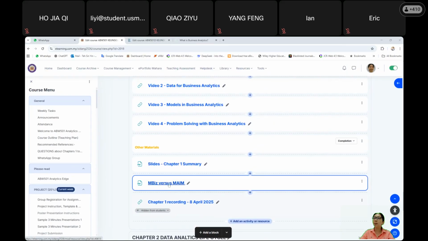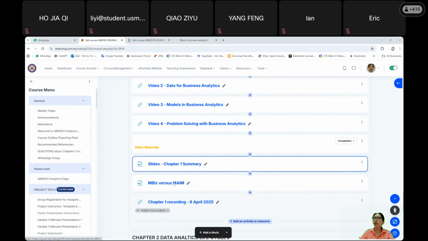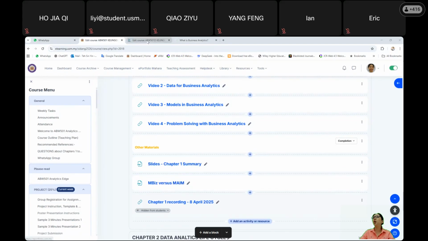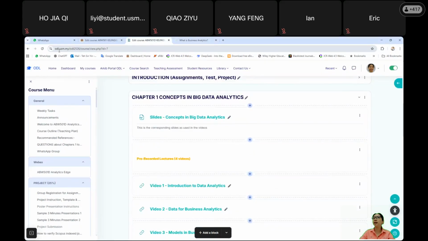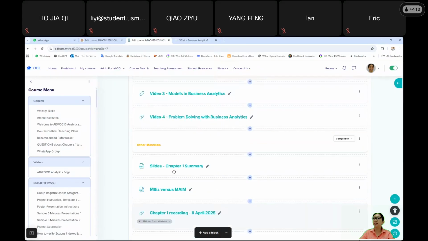The table compares the Master of Business Analytics and the Master in AI-driven management. We will discuss about this later. So these two files you can download and use. Same for ODL student, go to odl.usm.my. Under the chapter 1 there, go down, other material, the slide is here, and the PDF file is here.